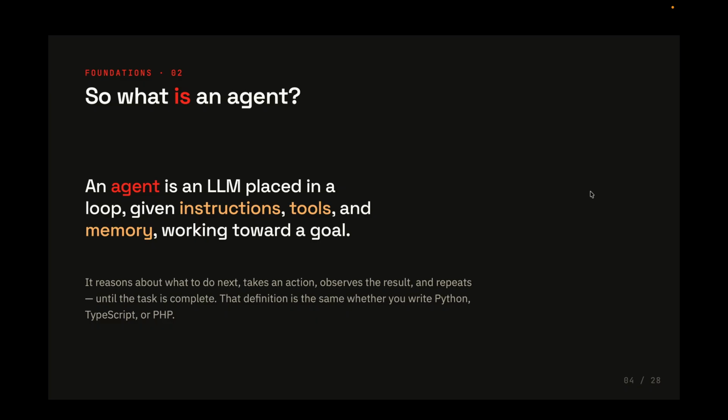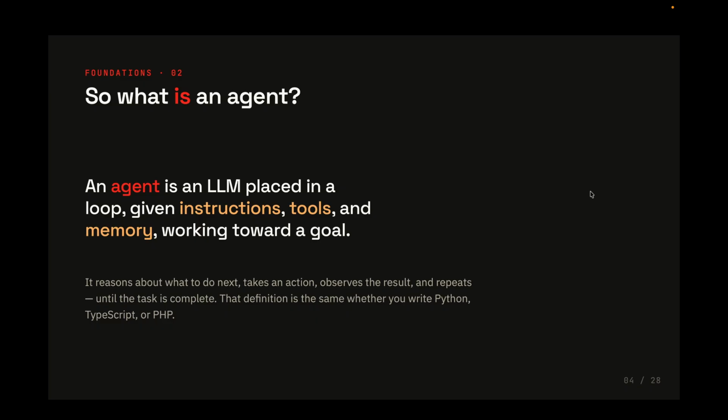But to make this more intelligent, we want to have what's called an agent, which is going to allow us to try to reason about what to do next, try to plan for the next action to take, try to the best of its ability to observe the results, and then repeat this until a particular task is complete.